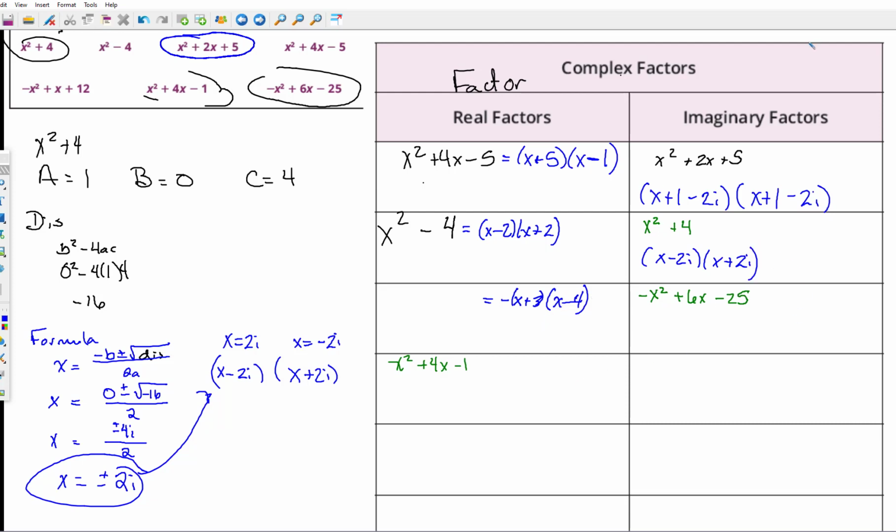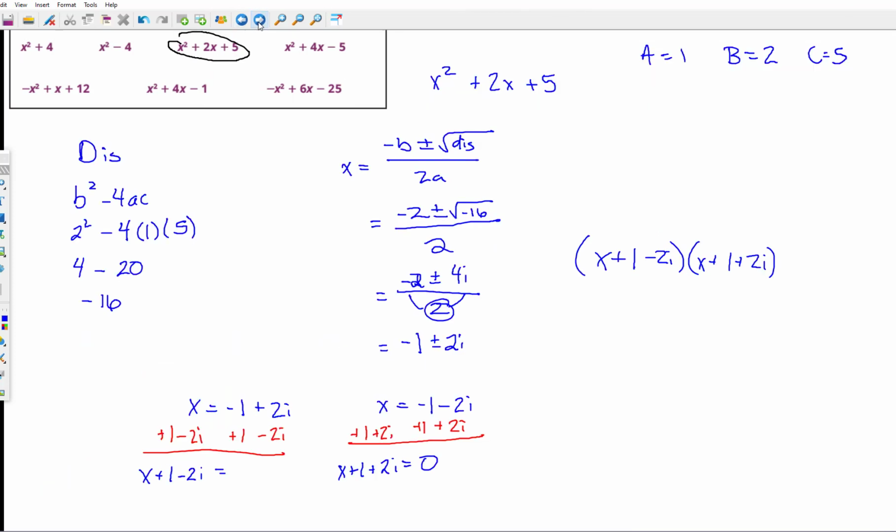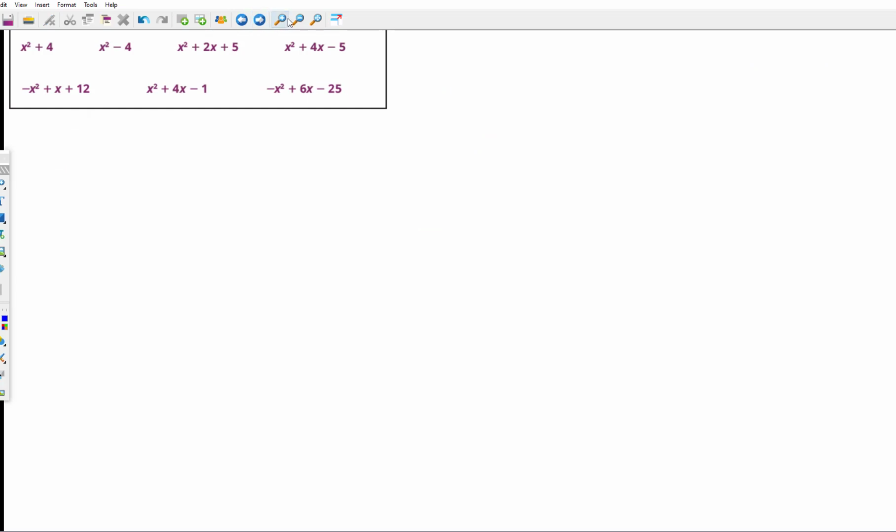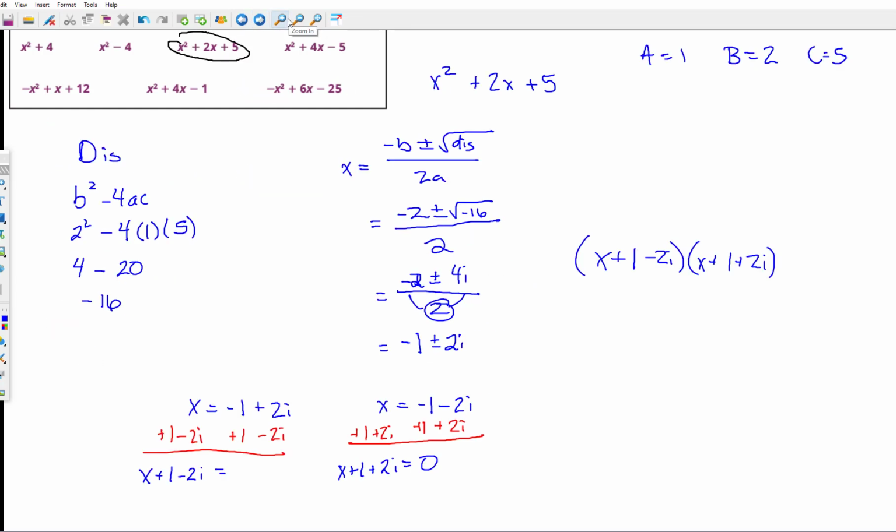And we have these two left. And so we're going to be working on the next one, which was, I believe, that negative 12.